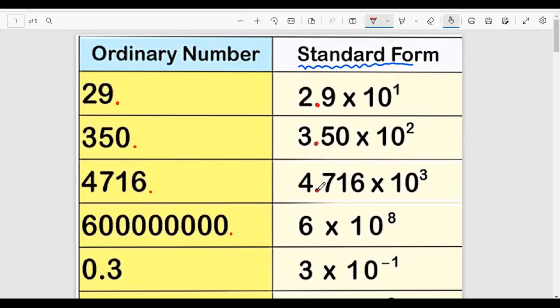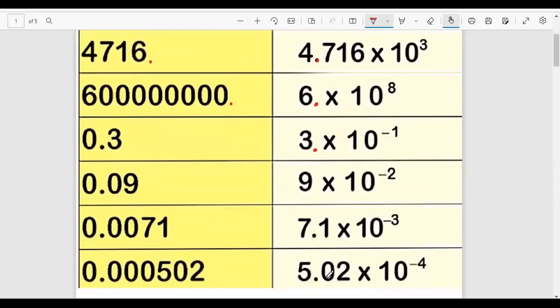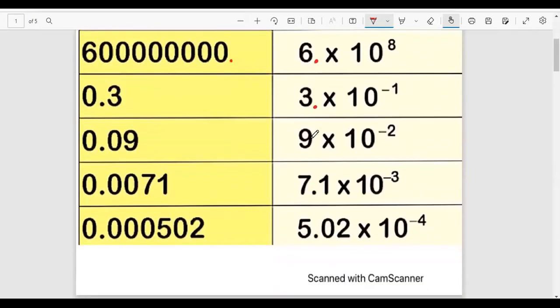The decimal is after 4, that is the first digit. We can't see a decimal anywhere here, but it's assumed that it would be at the end, and this means that it is after the first digit. Similarly, in all the cases, you can see that the decimal is coming after the first digit.